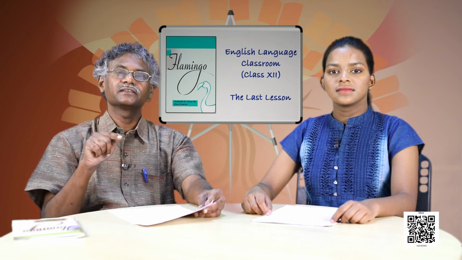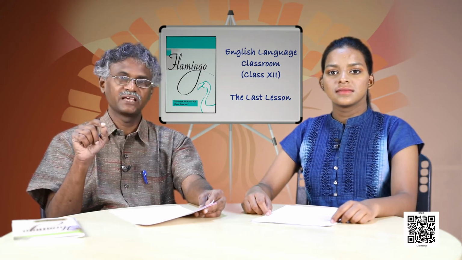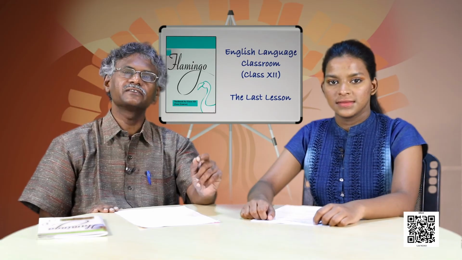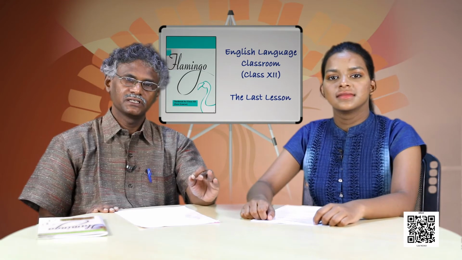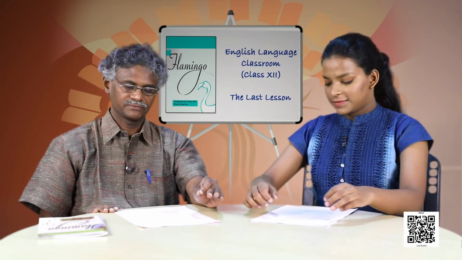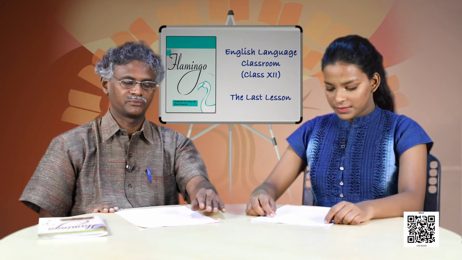Having used them in natural language, real life situations, we will discover the forms, past tense and past perfect forms, and use them in speech and writing appropriately. Learners, these are our objectives. We will learn to use past and past perfect tense in context and discover the forms.